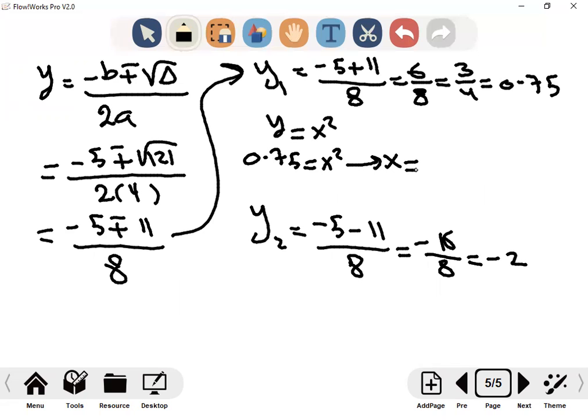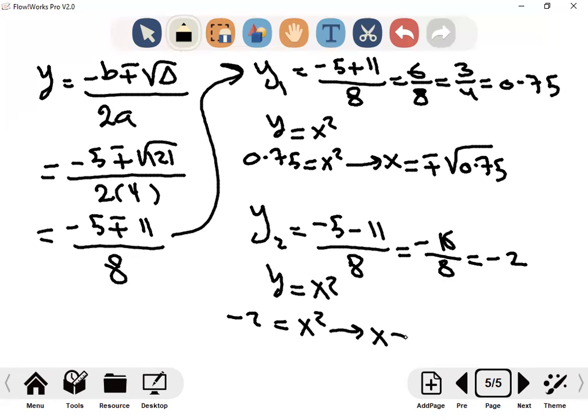Don't forget, x equals plus minus square root of what? Of 0.75. You can find it by calculator. Same idea: if y equals x power 2, I have y how much? Negative 2. So x equals plus minus square root of negative 2. And let's remember together, plus minus i square root of 2.